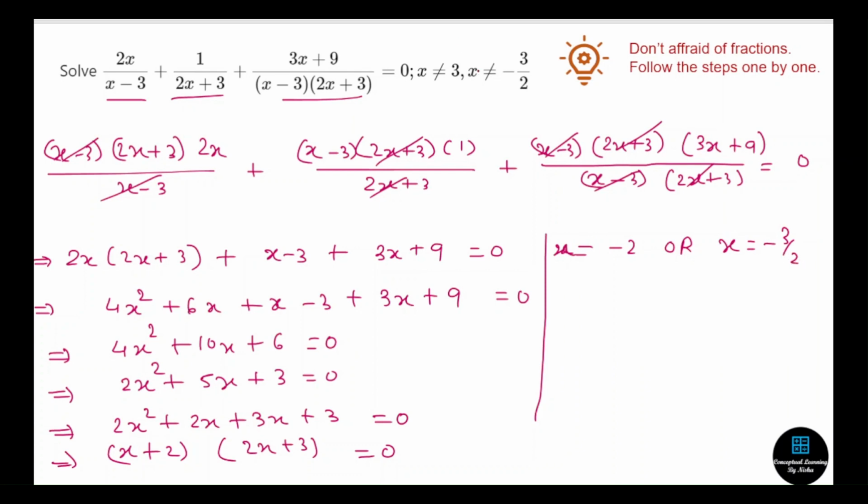Alright, but now if you see here, the conditions are given. x is not equal to 3, x is not equal to minus 3 upon 2. Why is it given? Because if I put x equals minus 3 upon 2, this fraction becomes not defined. So that is why only one solution I'll get, which is x equals minus 1.